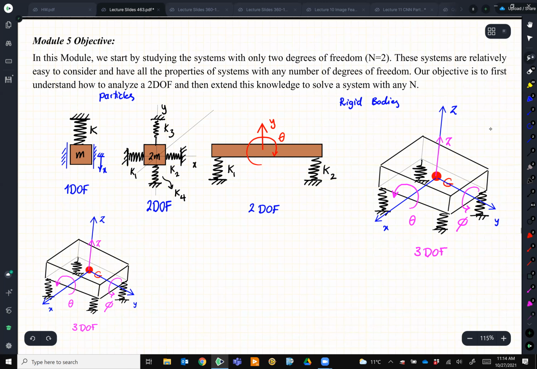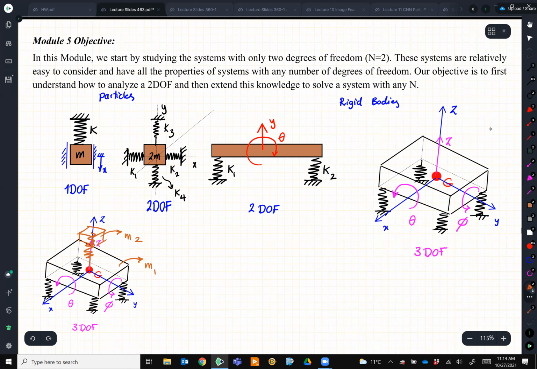So let's put now a spring on top of this. And we put another mass. So this is M, or let's call this one M1, this one M2.